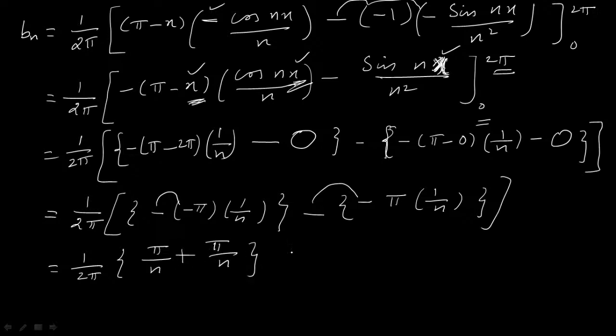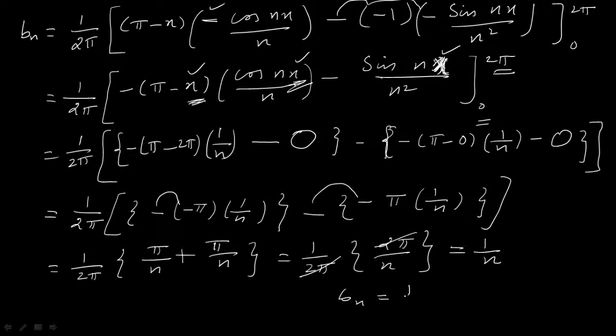So adding these two, you have 1 by 2 pi of 2 pi by n. So cancelling these two pi terms, what you get? Which is equal to 1 by n. So the value of Bn is equal to 1 by n.